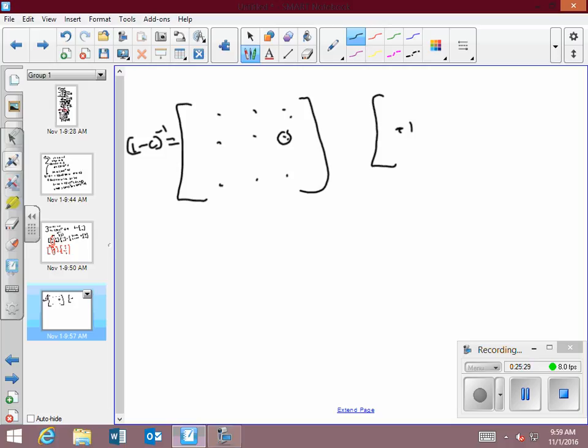In the example on page 149, notice that that line can't represent a subspace because it does not go through zero, so the zero vector isn't in that line.